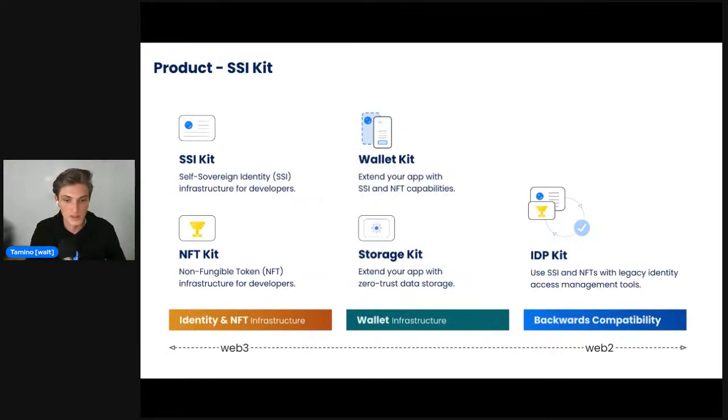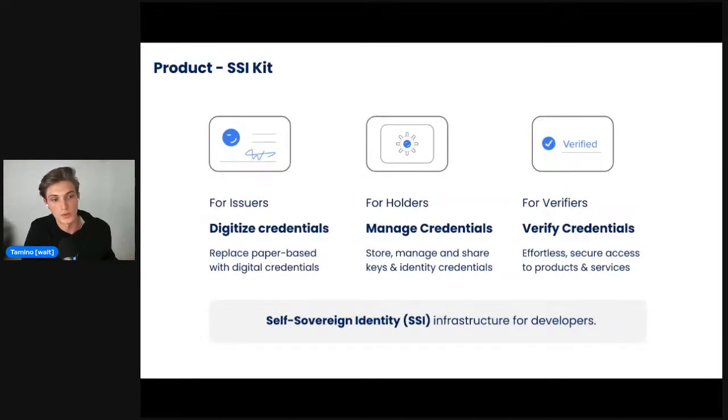At the bottom, you have the spectrum, where on the left side you have Web3 native things, and on the other, Web2. On the left side, you can see the SSI kit and the NFT kit, which are our core products on which other products are built. The SSI kit helps you with everything SSI related, from verifiable credentials, MDL, and so on, so that you can create issuer solutions, verifier solutions, and holder solutions across different domains.